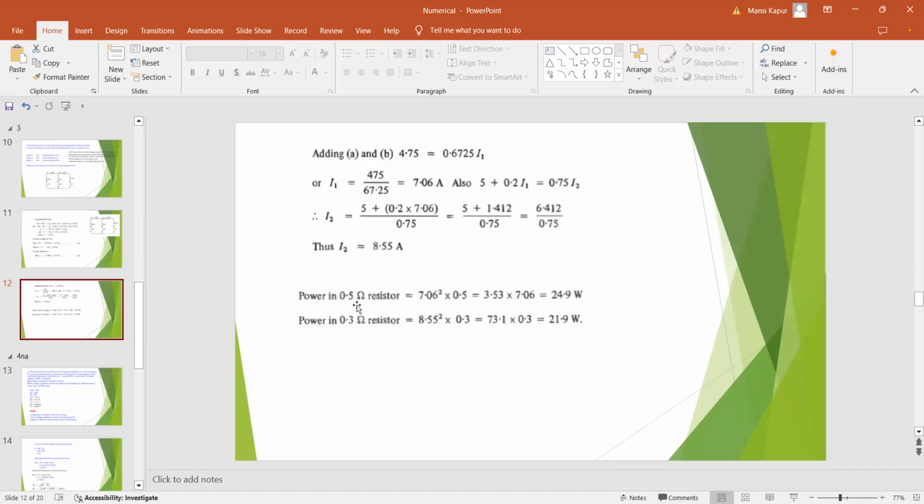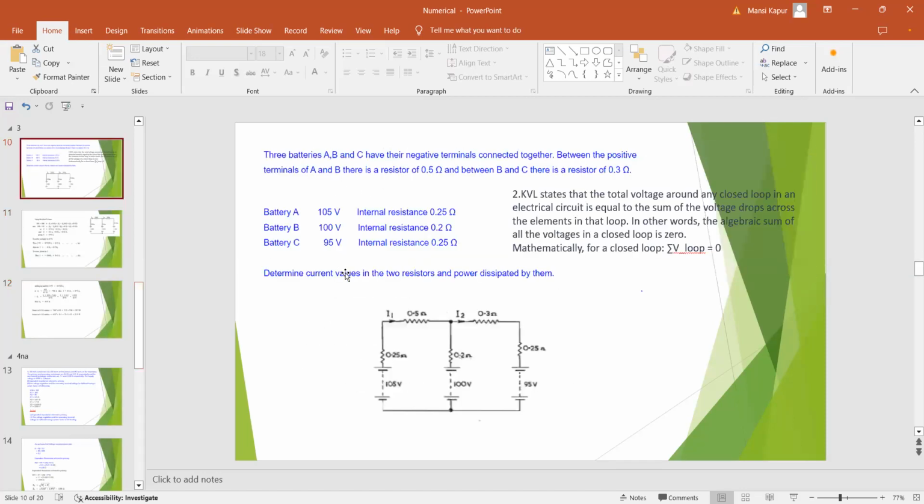Then power is equal to what? I square R. Just put the I square value for the 0.5 resistor and the I square value for the 0.3 resistor. You will get the power in both resistors. That is what they are asking in the question. Current is I1 and I2, and power is I square into R. You will get the power dissipated by the resistors.